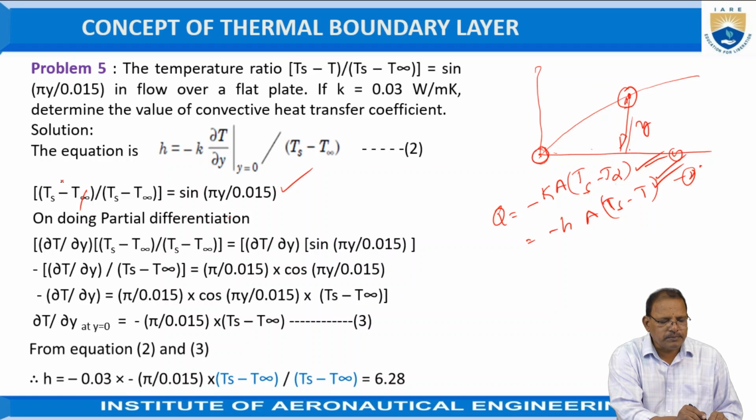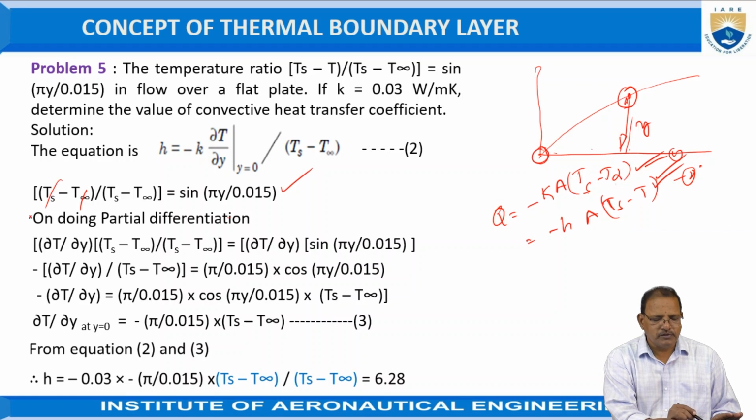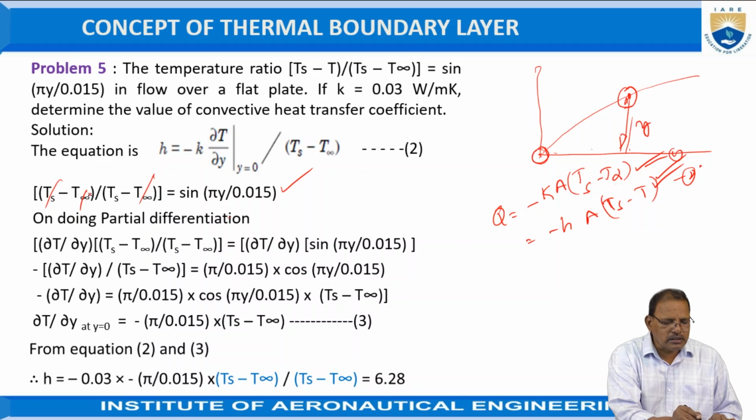Here Ts is the temperature of the plate, which is constant, and T alpha is the temperature of the fluid touching the hot plate, which is also constant. Differentiating with respect to y on both sides of the equation.